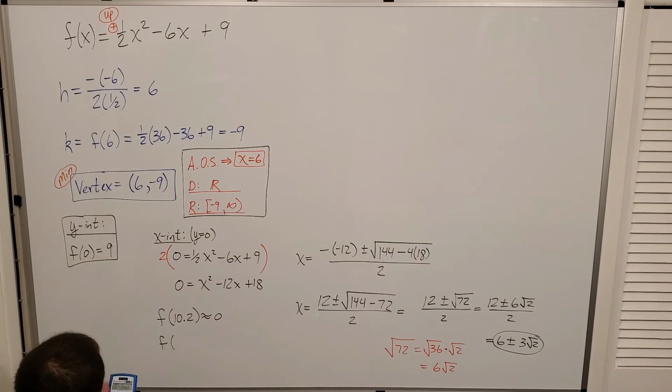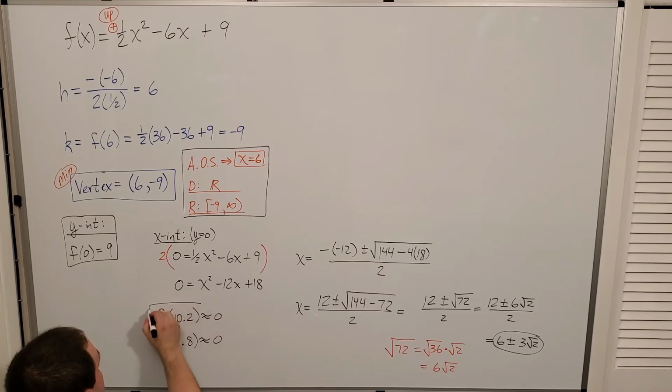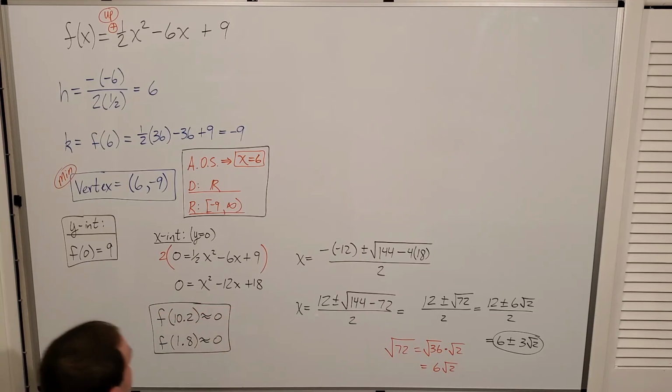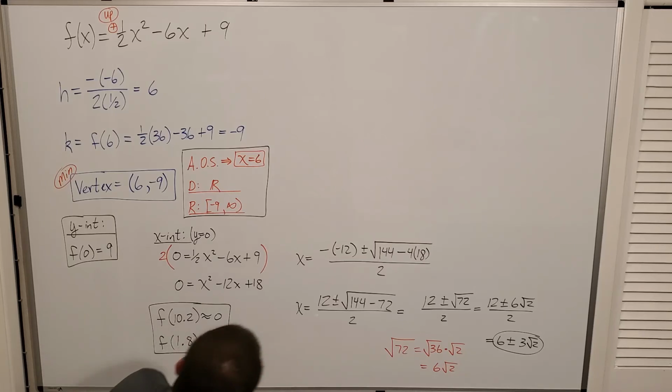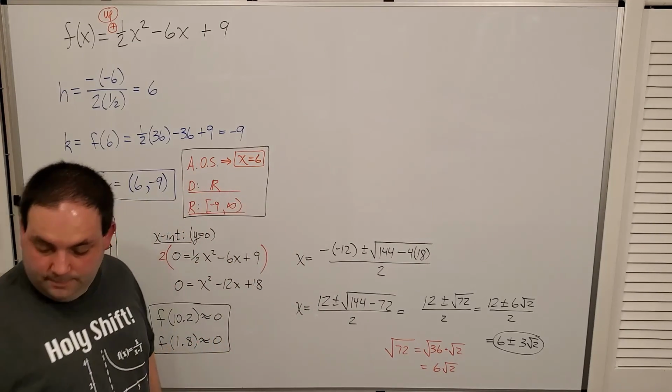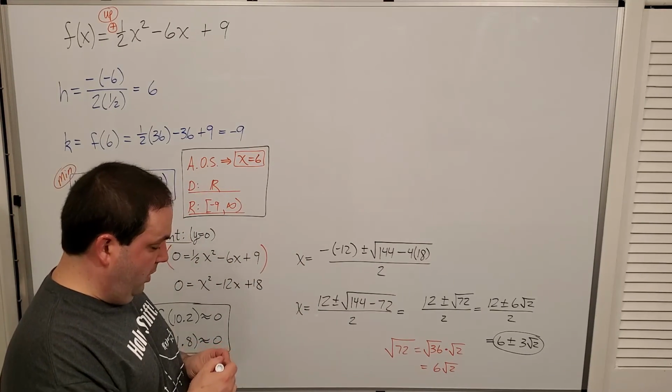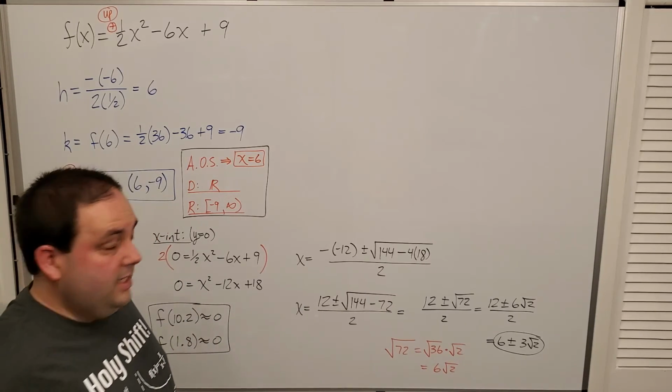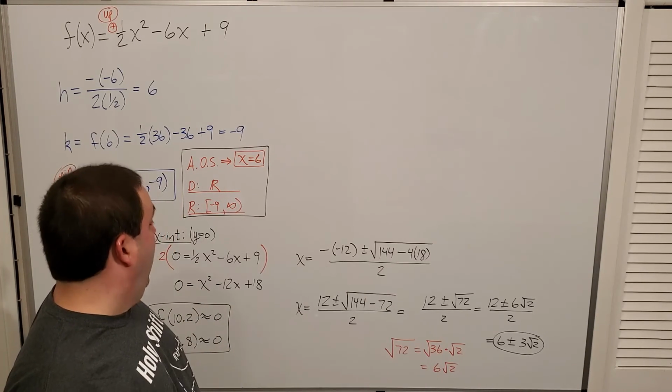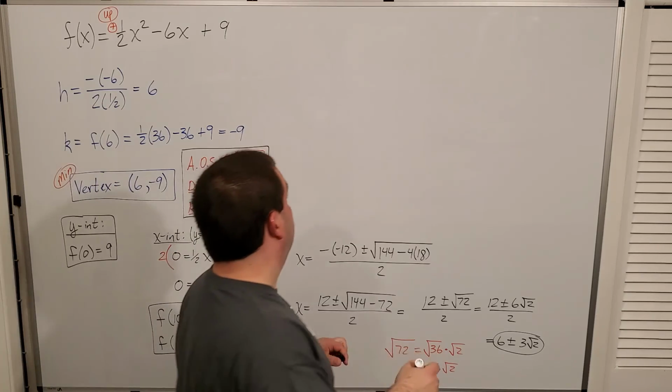And the other one is 6 minus 3 square root of 2, 1.757, so 1.8-ish, right? So there are my x-intercepts at 10.2 and 1.8. So now the only thing left is to draw the graph. Okay?